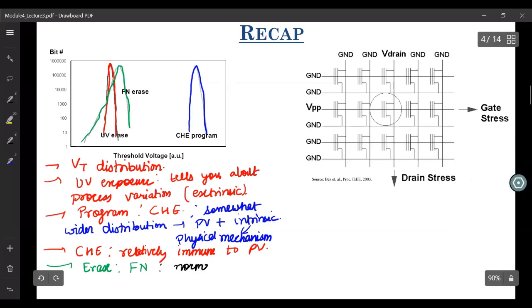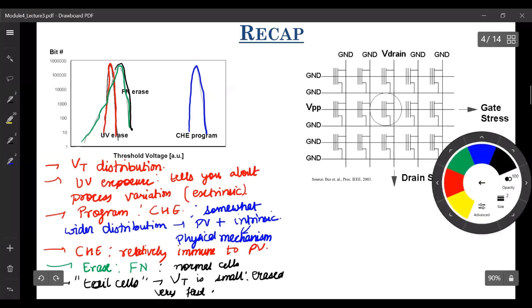First one are called normal cells, which tend to follow the CHE program pattern, like this. The second class of cells are called tail cells. Why tail cells? Because their threshold voltage is very small, which simply means that they get erased very fast.